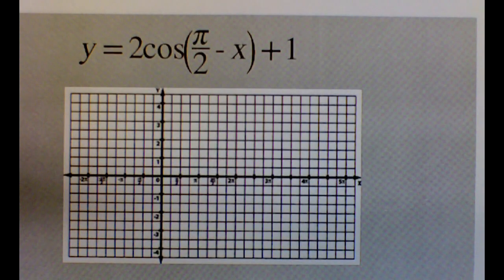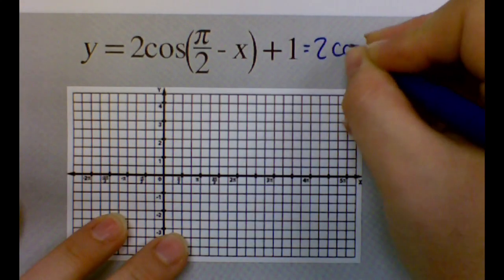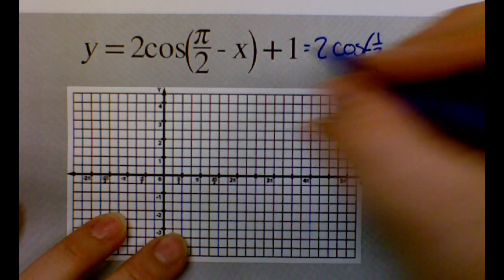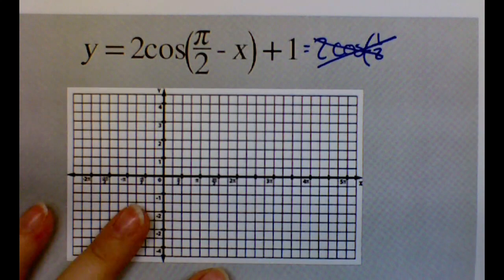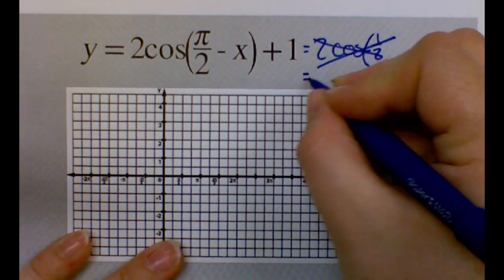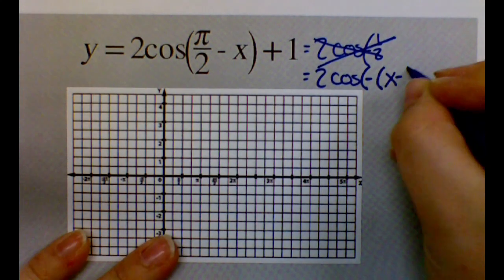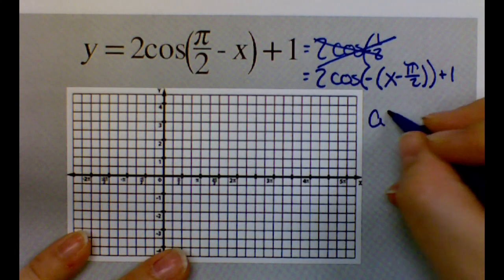This first one, we need to factor out our b value. So 2 cosine of -1/2... Ooh, the x is in the back. And actually, what am I doing? I just need to take out a negative. So it's 2 cosine of negative x minus pi over 2 plus 1, which means our amplitude is 2.